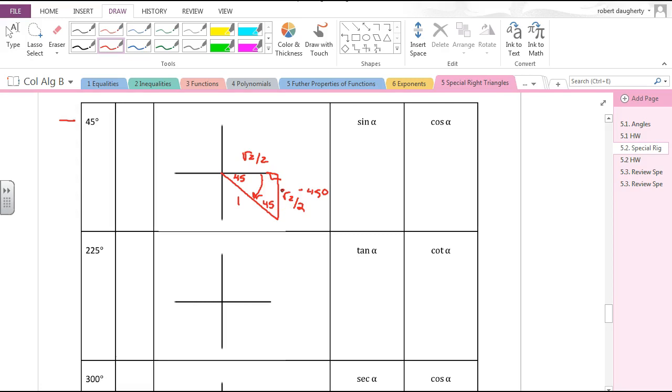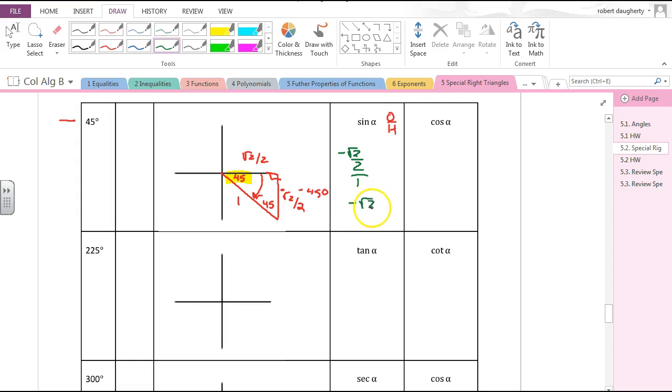So if I want to figure out the sine, it's what? Opposite over hypotenuse. So you're looking at this angle right here. It's always the angle with the x-axis. Which side is opposite? Yeah, negative square root of 2 over 2. And what's the hypotenuse? Divided by 1.